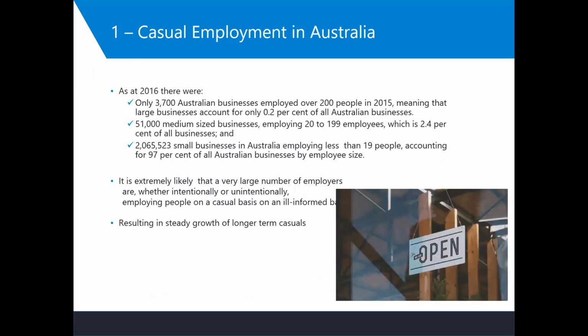And the reason really, in my opinion, as to why this has now become such a significant issue, and obviously something that has caused a change in our laws over recent times as a result of it becoming so significant, is because when you look at the statistics in Australia, as you can see on the screen there, we have 99% really, if you get rid of the over 200 people category, over 99% of all Australian businesses employing up to 199 employees.